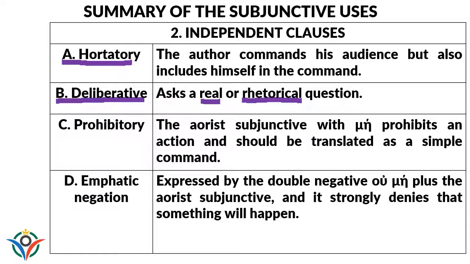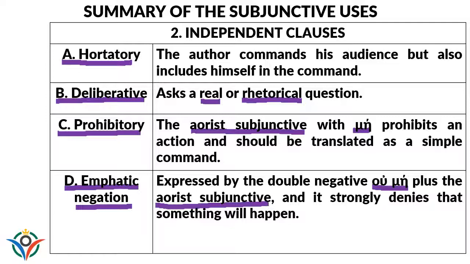The third use was the prohibitory. This is when the aorist subjunctive is used with me to prohibit an action and should be translated as a simple command. And then the last use was the emphatic negation. And this is expressed by the double negative ou me plus an aorist subjunctive, and it strongly denies that something will happen.